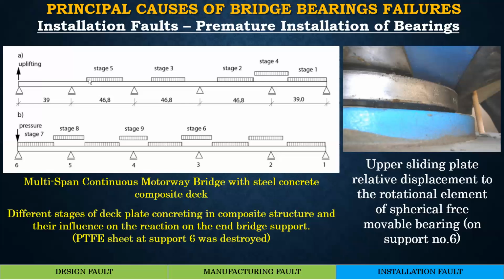Then before the next load came, there was a temperature variation, and that caused the top plate and the PTFE to move with respect to the bottom plate. When stage 8 and stage 7 were done, it rested at a different position, causing collapse. You can see a photograph here to demonstrate what I'm saying. I'm talking about the bearing at abutment end.